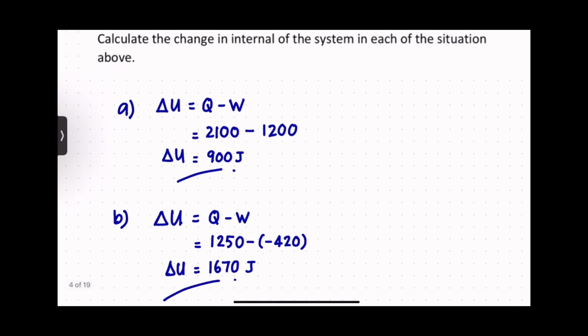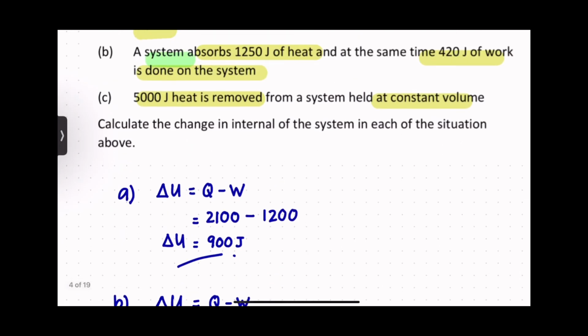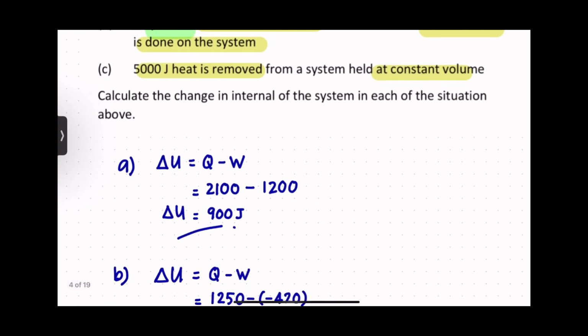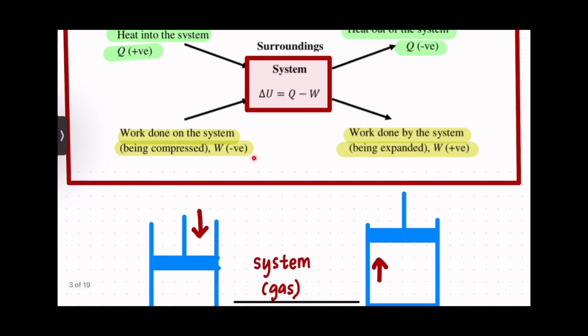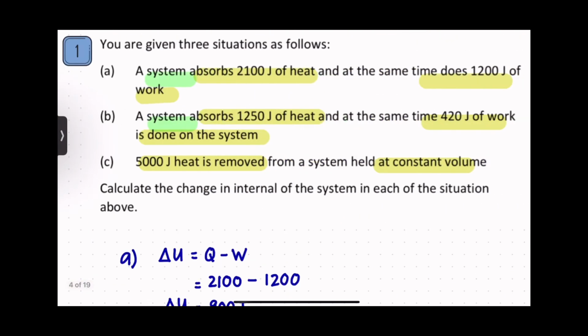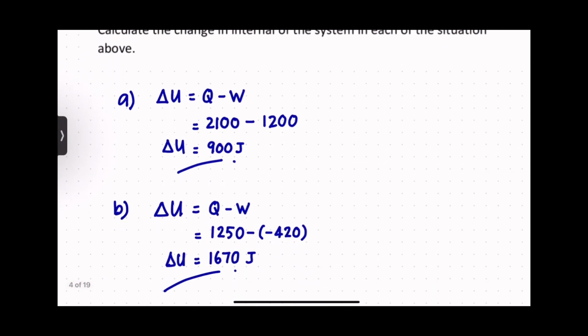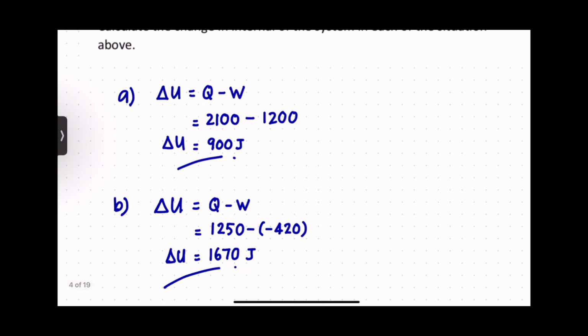So based on the formula of thermodynamics, delta U equals Q minus W. Substitute the value of Q, positive 1,250, minus work done, which is negative because work is done on the system, meaning the gas is being compressed. Work done on the system, so W will have a negative sign. Okay, so the answer will be 1,670 joules.